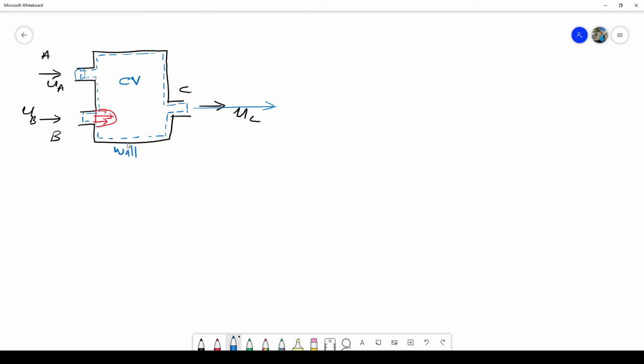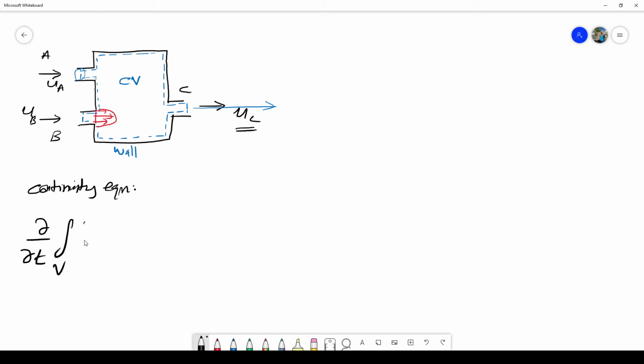Next is to link this problem with the equation that we saw just now. In order to determine the velocity entering or leaving the control volume, we just need to use the continuity equation, which is given by this.